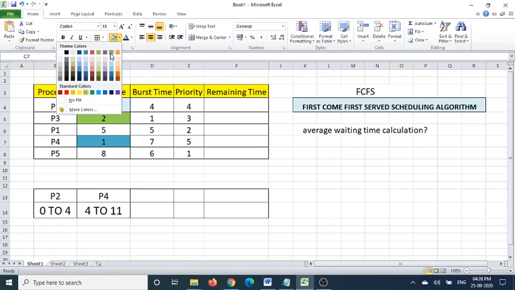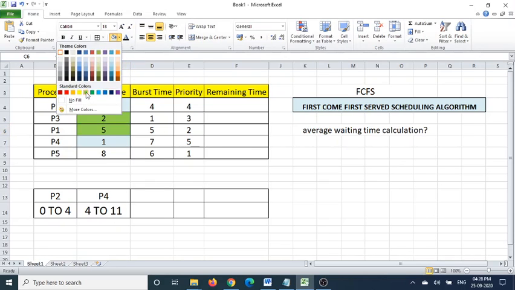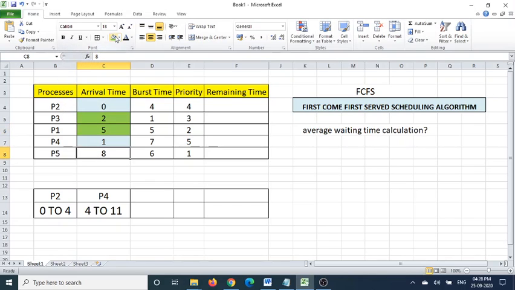So at 11, P4 will finish. I'll change the color to blue. Now P3 is there, and at 11 time units this one also comes and is waiting, and the one at 8 also comes and is waiting.